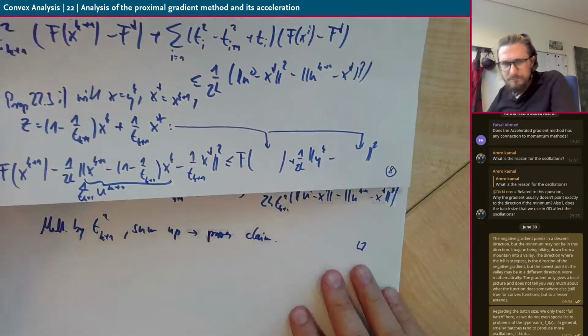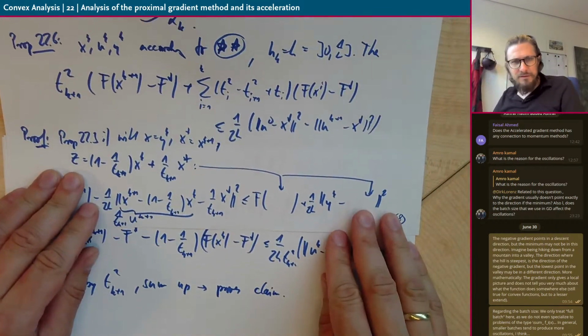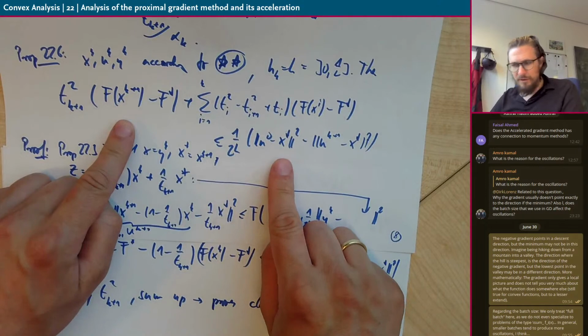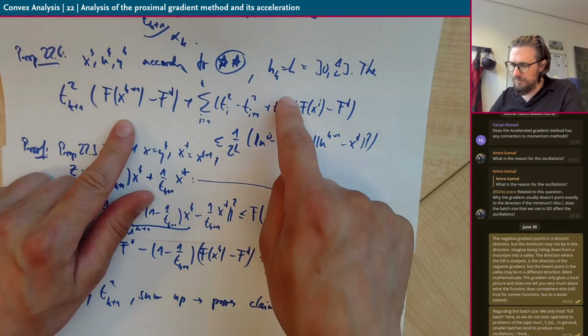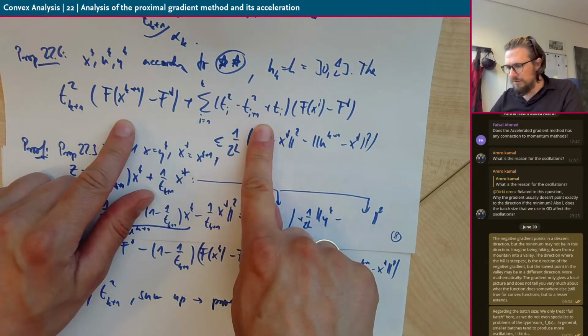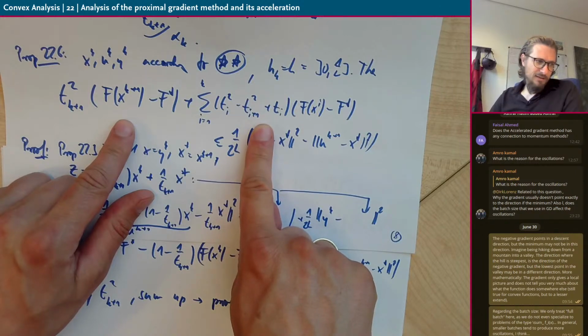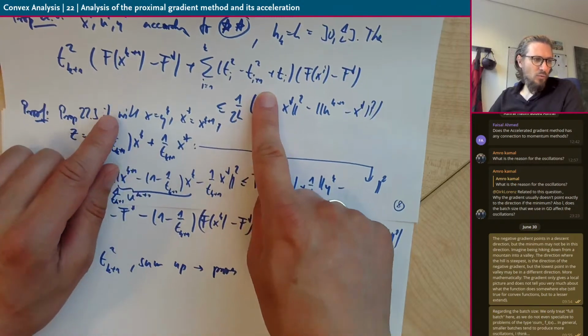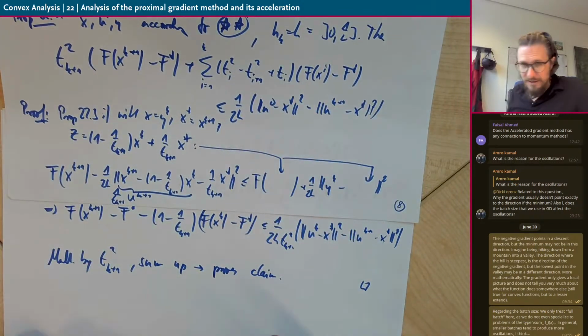And again, we see that this is all nice and good. What we only need to assume or ensure is that this t_k squared minus t_{k+1} squared plus t_{k+1}, that this is non-negative. And if we assume that, we get the same convergence as before.